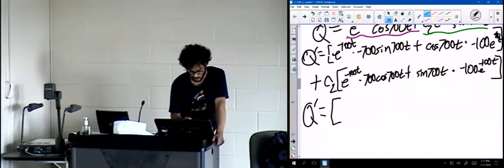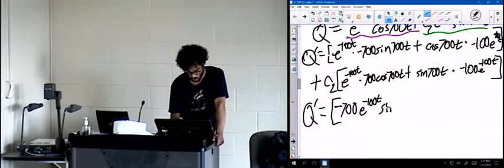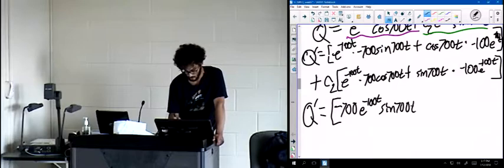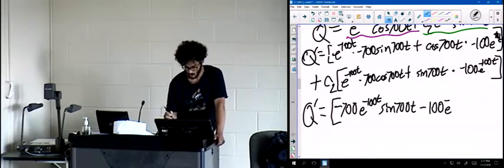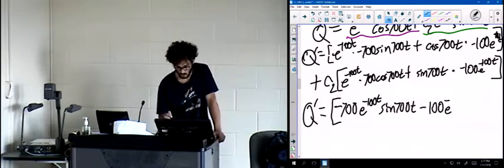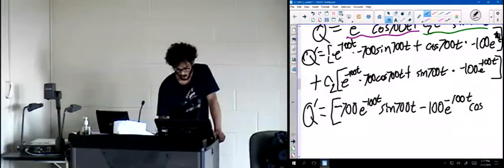That first set of brackets is going to look something like this: e to the negative 100t cosine 700t.